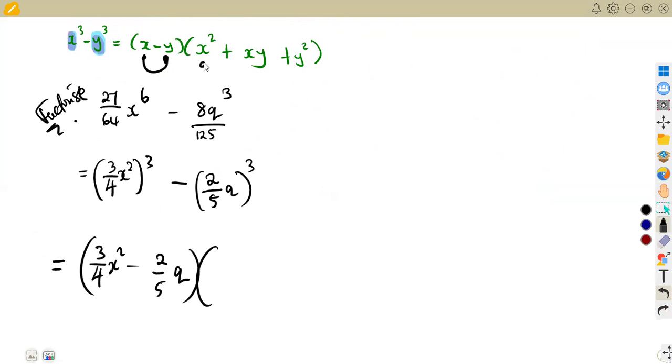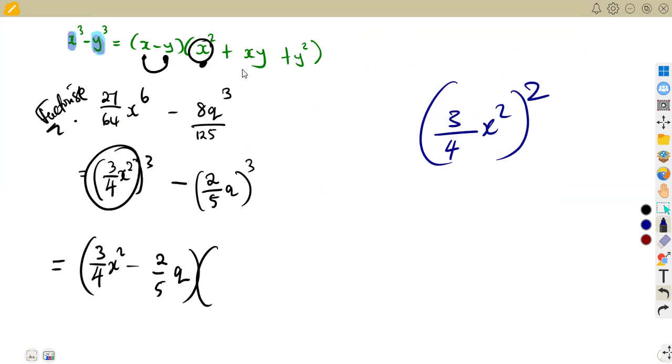Into x squared, which is the first term squared. This is our first term, 3 over 4x squared, but we are supposed to square it. This is a single term, not a bracket, so you can even raise each part to the exponent. 3 to the exponent of 2 is 9. 4 to the exponent of 2 is 16.